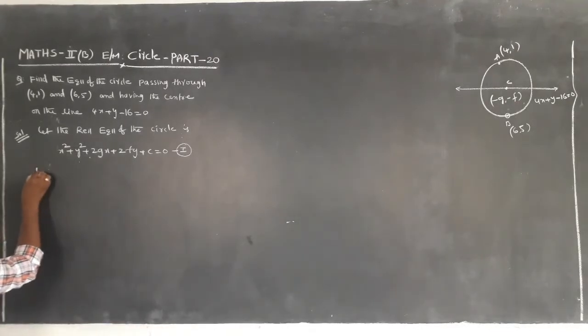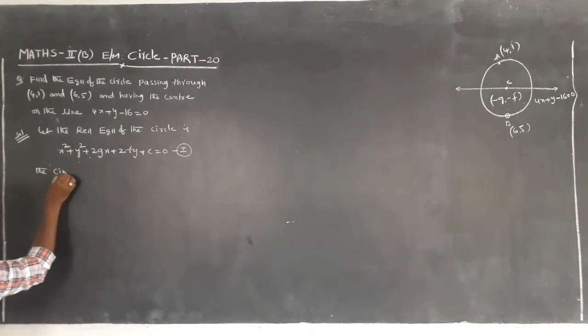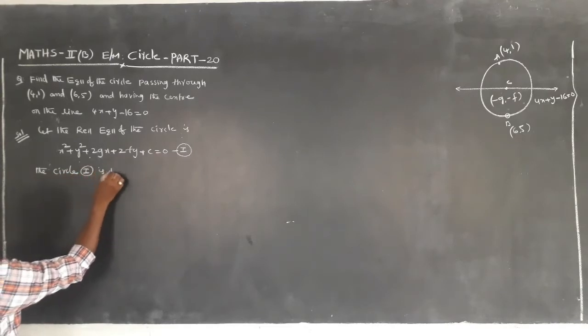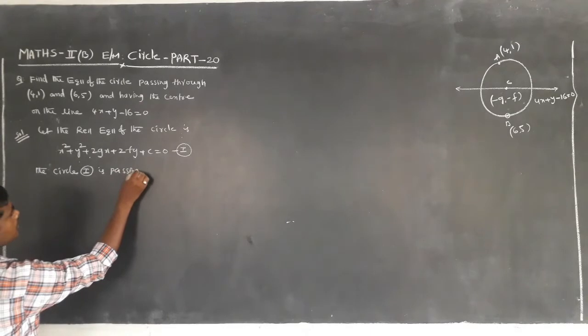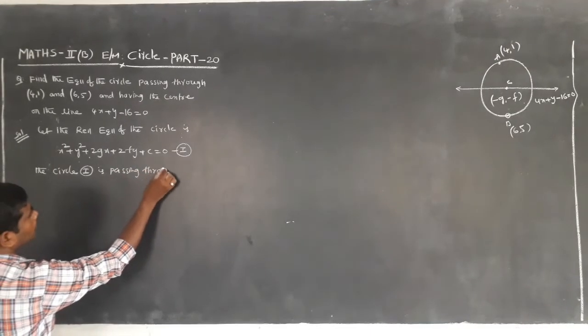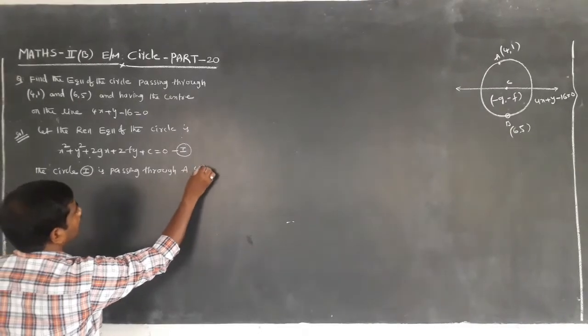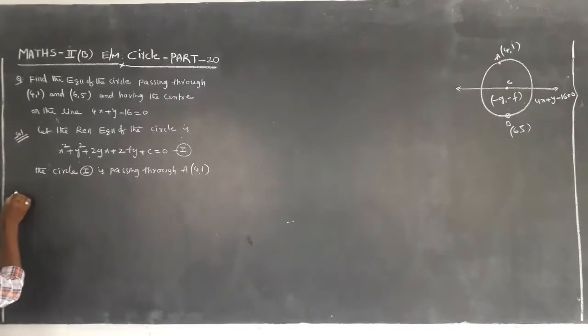First of all, the circle is passing through the A point (4, 1).